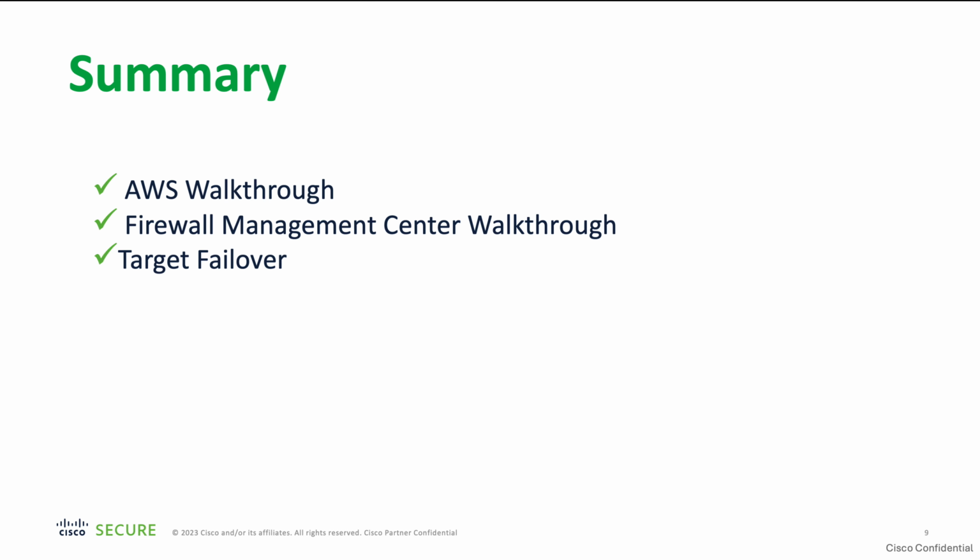We discussed the roles of the control and data nodes and the cluster control link, and looked at the live status and health monitoring dashboards. Finally, we also walked through a target failover demo to see how the cluster dynamically maintains availability during node failure. So yeah, these are all the things that we covered in this video.